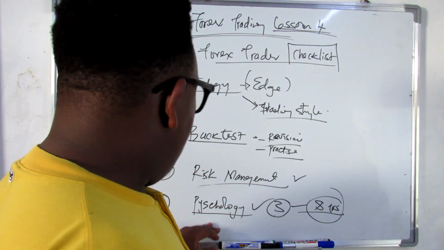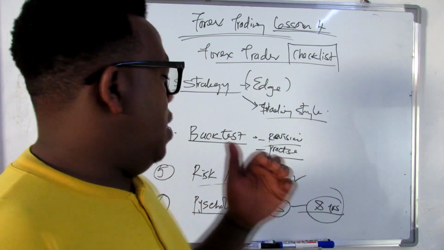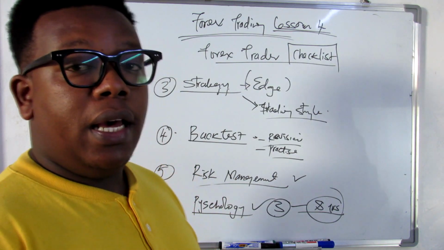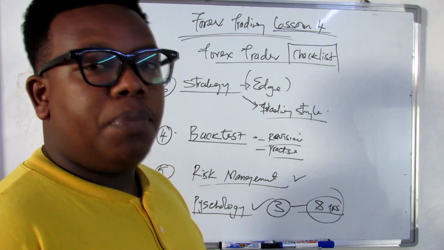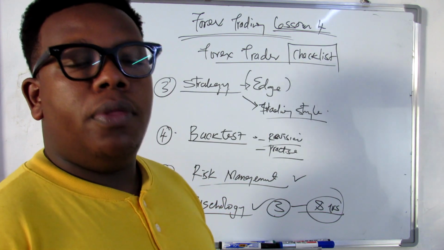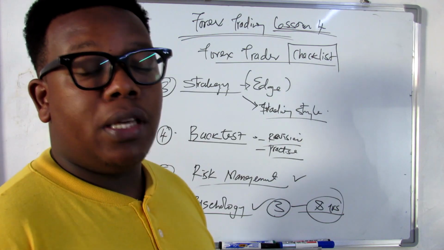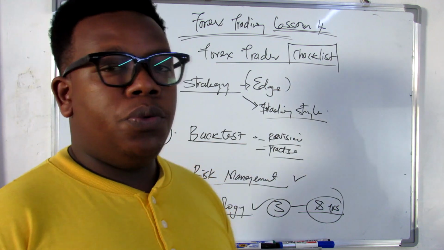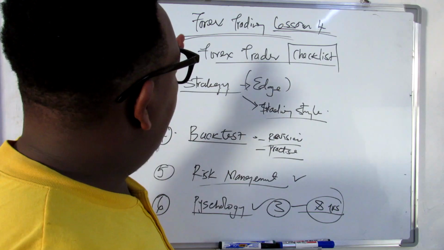So psychology is the place where so many people struggle for so long, and it's very, very hard for somebody to help an individual master their psychology. It only takes time, it takes practice, and by the end of the day, if you keep putting in the work, it's going to reward you in the long run. So basically, that's what you need to know about the trading checklist.